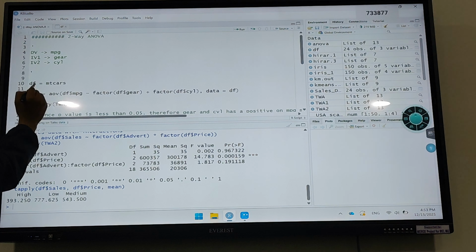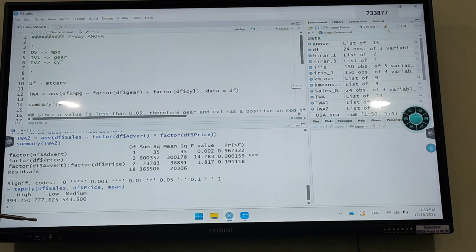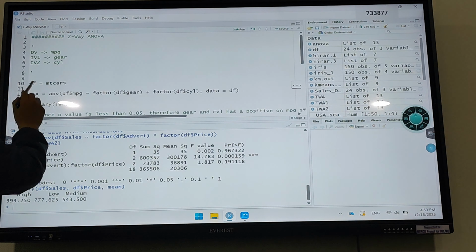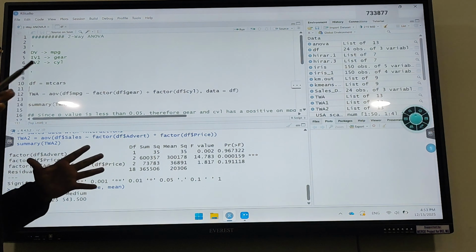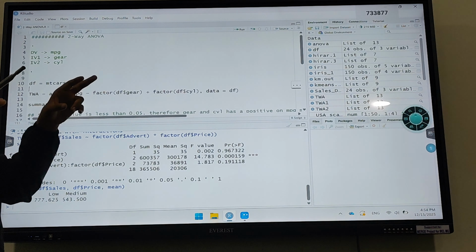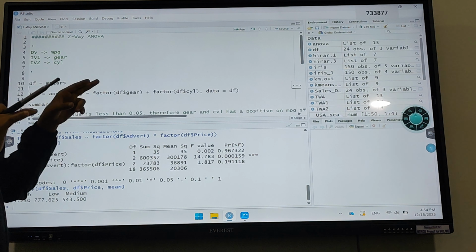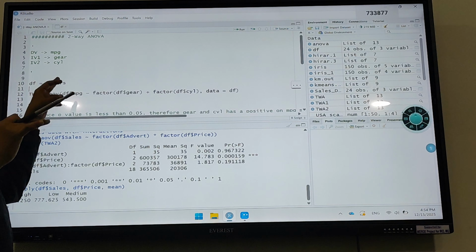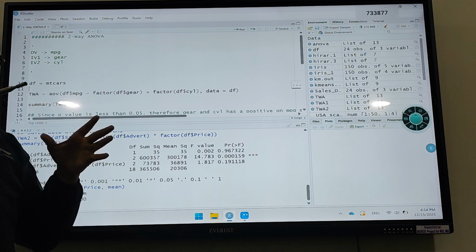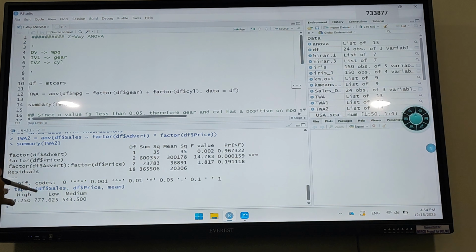No issues at all. See, this data set has columns gear, cycle, cylinder, CYL, and MPG. Those variables are listed in that Excel file.